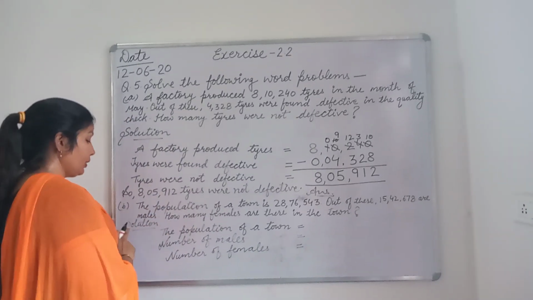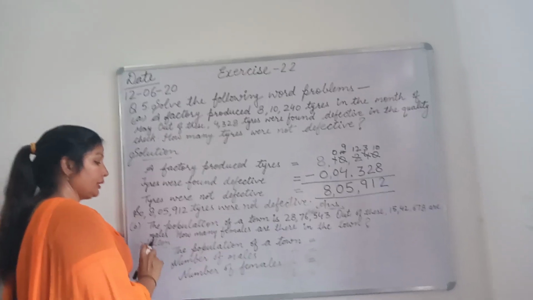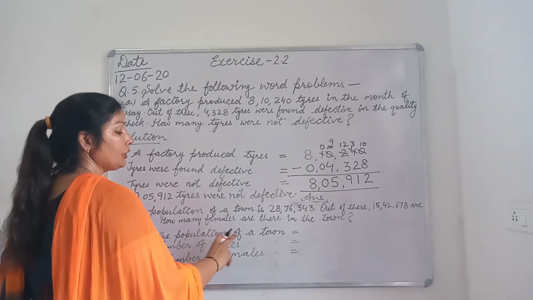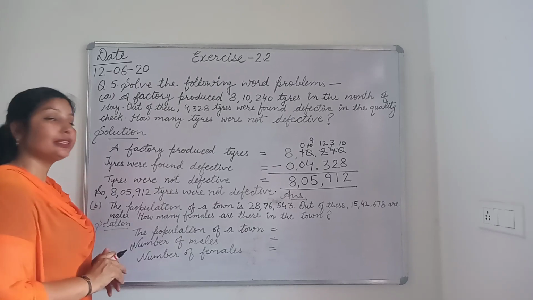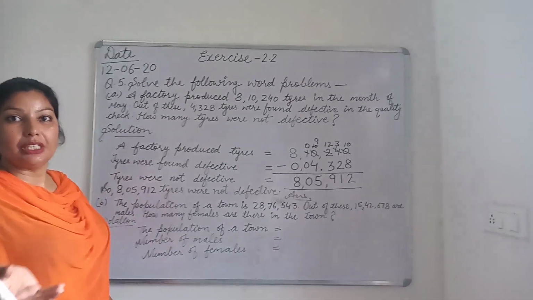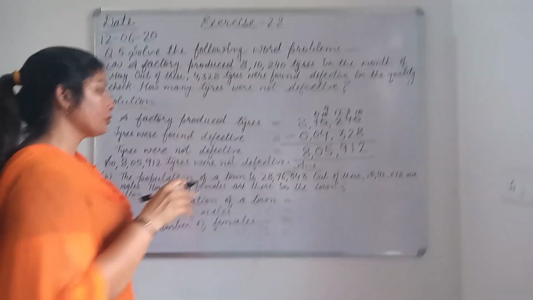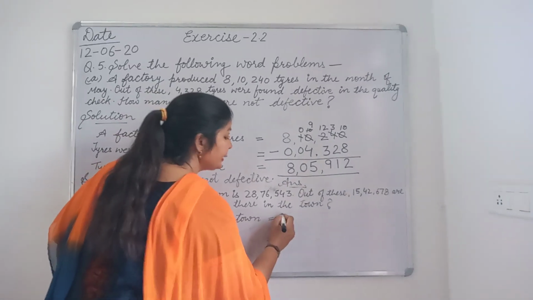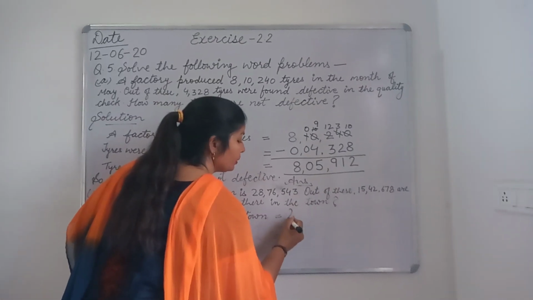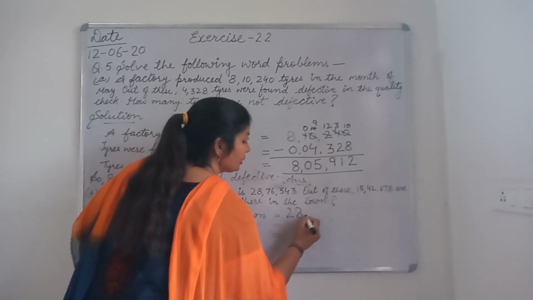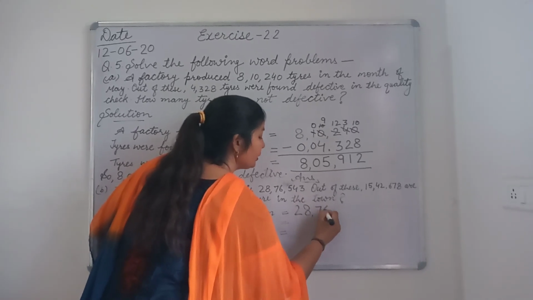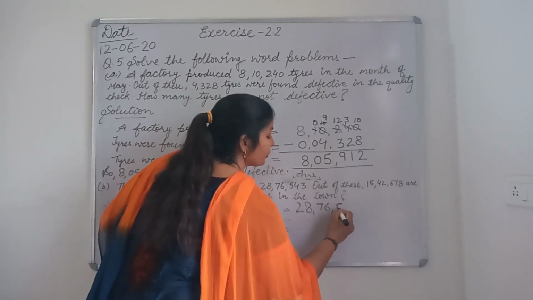Now the solution starts. What will the first sentence be? The population of a town. First of all we should write the total population. The total population is 28,76,543.